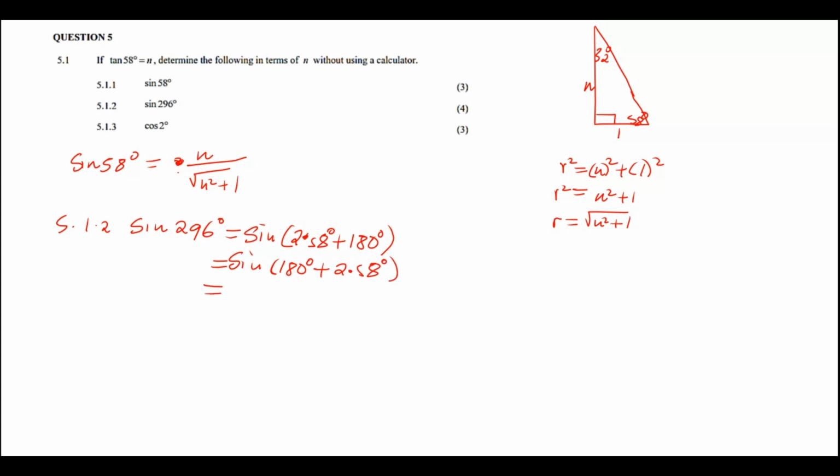Ultimately, sine 180 plus an angle will simplify to negative sine of that angle, which will be 2 multiplied by 58 degrees. This is a double angle for sine, so it can be expanded to give us negative 2 sine 58 degrees multiplied by cos 58 degrees.